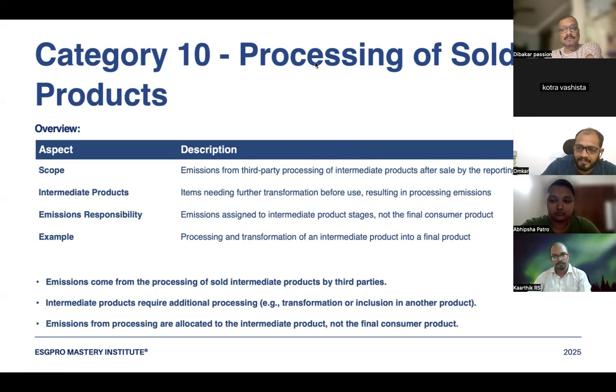Okay. So very simple example was that processing of sold product mostly comes into play when you are selling a product, but that product requires further emission to get it into the final stage. For example, the semi-cooked food that comes to you. How many of you have seen that? It comes in polythene, right? You just heat it in water and you can use it.